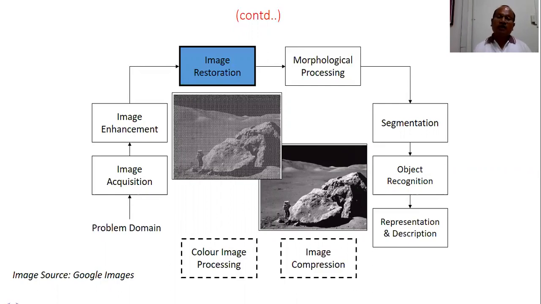Sometimes in the original image we add some noise and then we restore it, in order to find the modeling or behavior characteristic of the noise. This is why it's called restoration. So here also we apply enhancement, but it is not the same as enhancement, but something more, something beyond.